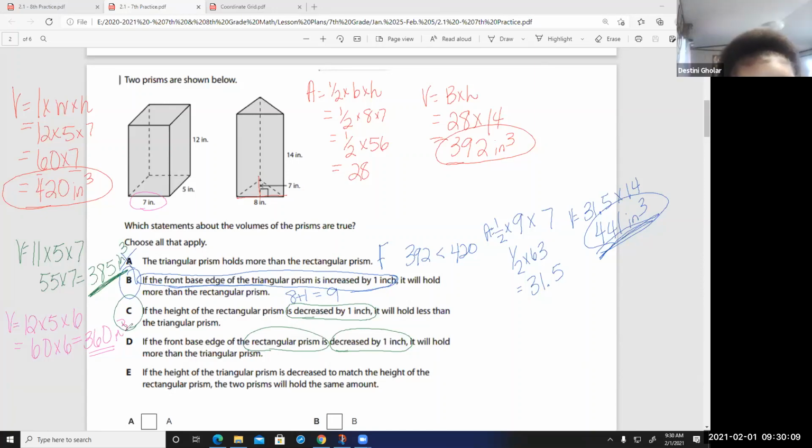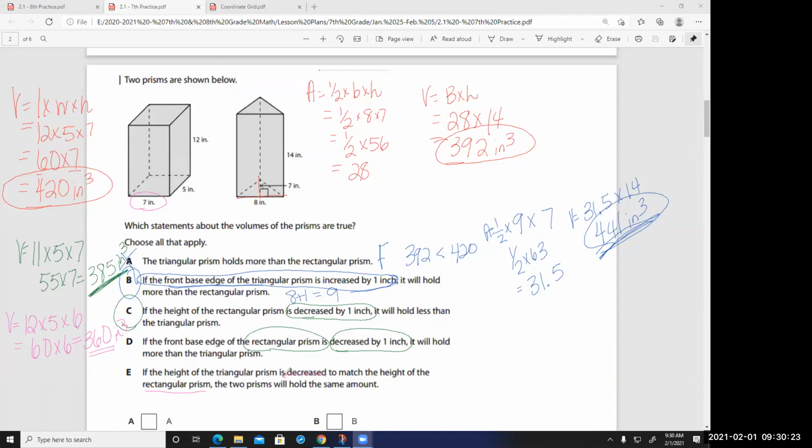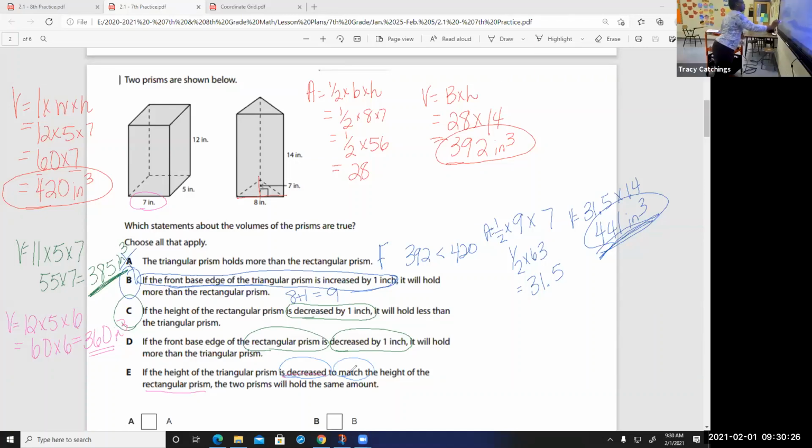E says if the height of the triangular prism is decreased to match the height of the rectangular prism. So what height would that need to be? It says decreased to match the height of the rectangular prism. What's the height of the rectangular prism? 12. So what's the new height of the triangular prism? 12.